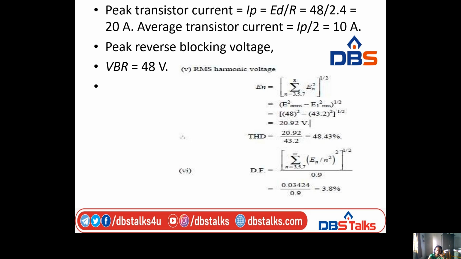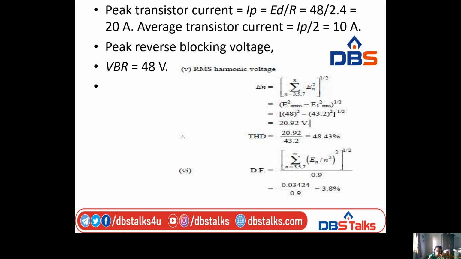Next, the RMS harmonic voltage. EN equals sigma n equals 3, 5, 7, 9 En square whole power 1 by 2. Then we have to simplify: E0 RMS square minus E1 RMS square whole power 1 by 2.